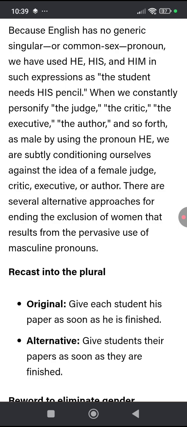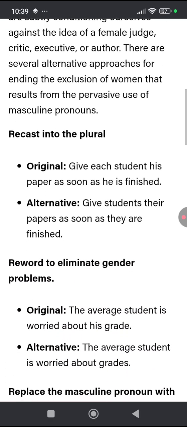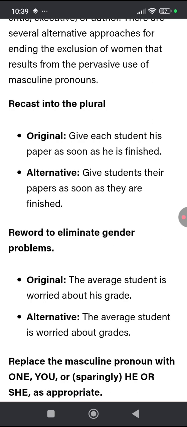Masculine pronouns are used almost everywhere. But if we use masculine pronouns, then we are leaving out the possibility of women occupying positions in society. So, how can we rephrase sentences which include both men and women?